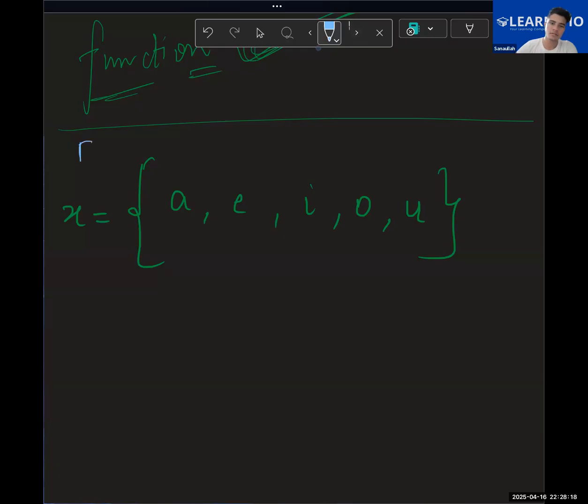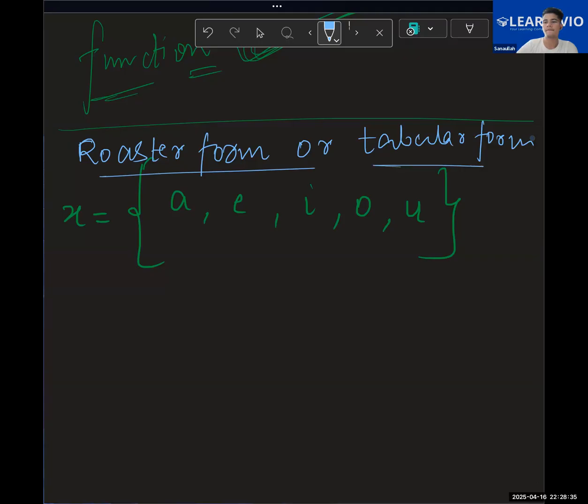This is roster form, also known as tabular form. The second type of form is set builder form.